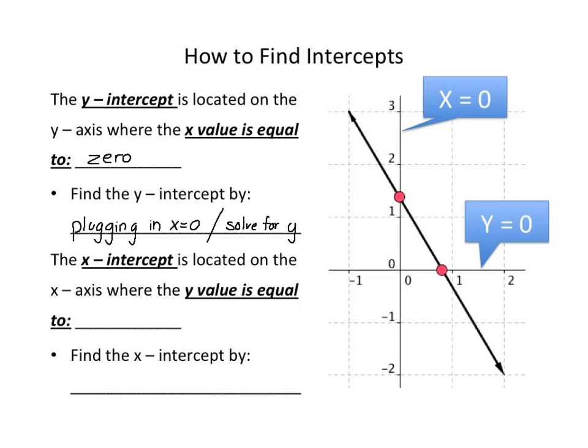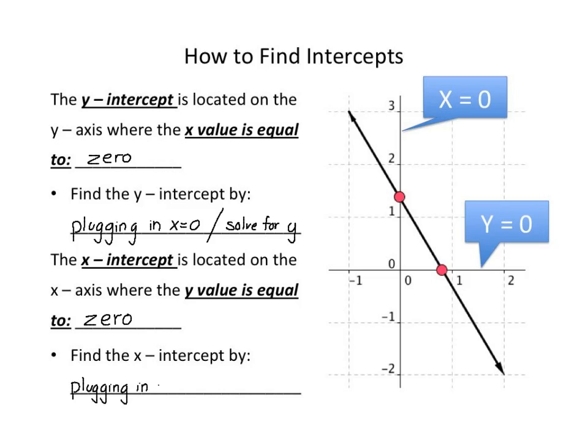Now similarly, we notice that the x-intercept is located again on the x-axis, and any point on top of this x-axis, since I've not gone down, has the y value of 0. So the key thing here is, on the x-axis, our y value is equal to 0 as well. By the same logic, I can find the x-intercept by first plugging in y equals 0.